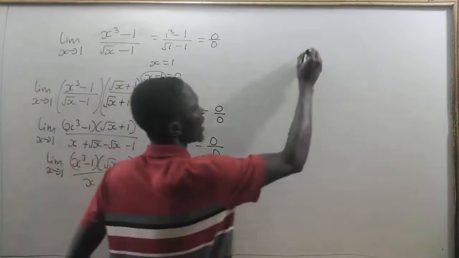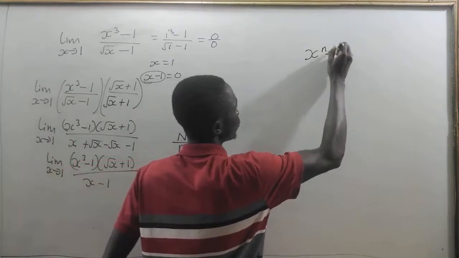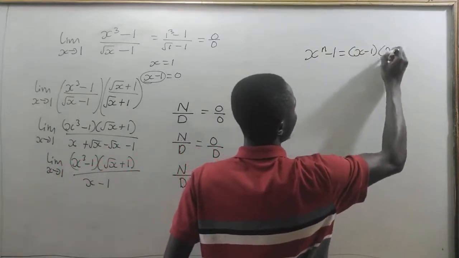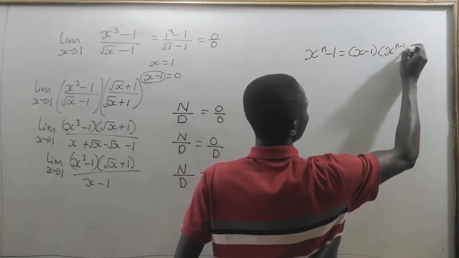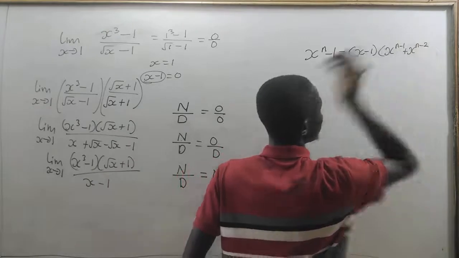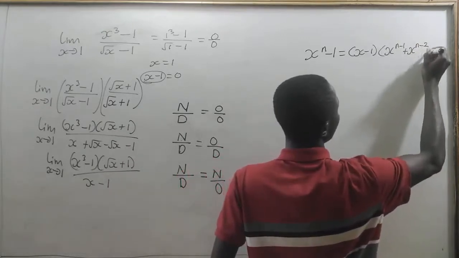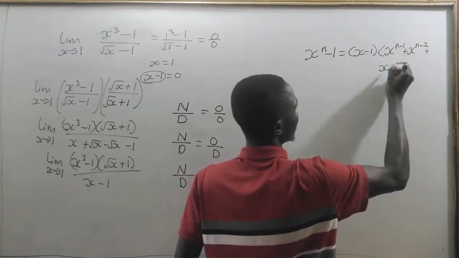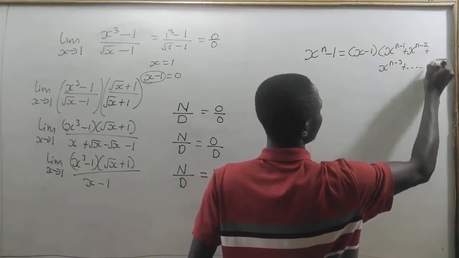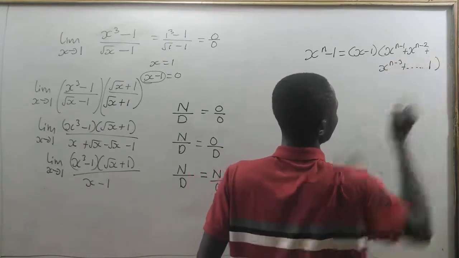Now, if you have x exponent n minus 1, it is equal to x minus 1 times x exponent n minus 1 plus x exponent n minus 2 plus x exponent n minus 3, and so on, plus then we take 1.